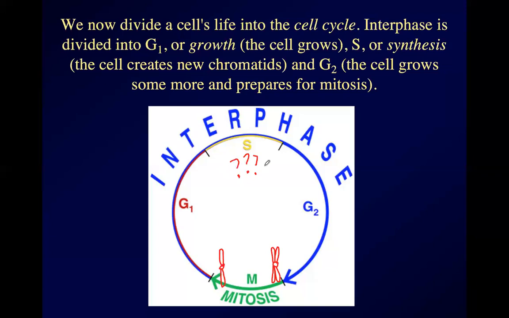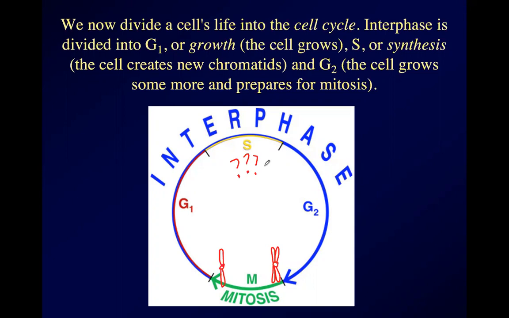By the way, the actual timing on this depends on what cell you've got. There are some cells where there's virtually no G2, where as soon as S is done, the cell goes right into mitosis, and there's practically no G2 worth talking about. There's others, like many, although not all, of the nerve cells in your brain, go into G1 and they stop.